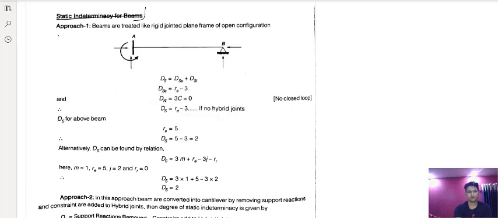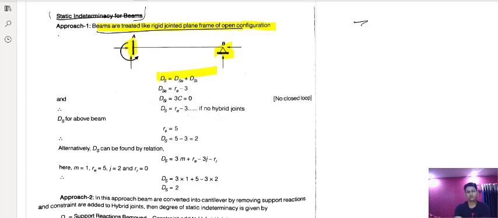The first one says that beams are treated like a rigid jointed plane frame of open configuration, open because there is no closed loop in a beam. Suppose this is the beam, here it is fixed and here is a hinge support. How will you calculate? You will treat this beam as a rigid jointed frame and follow the same steps as you followed in the frame.